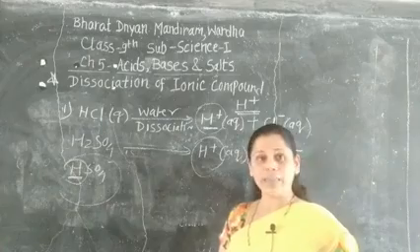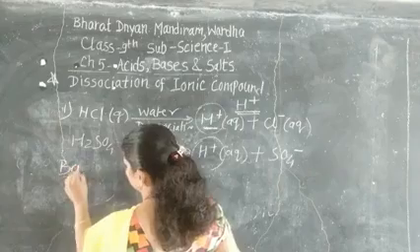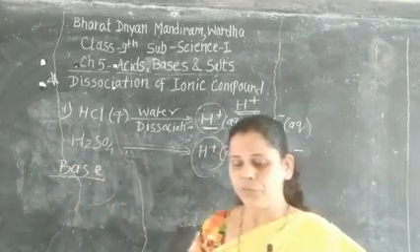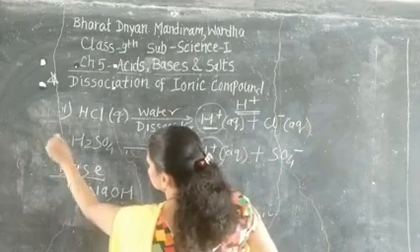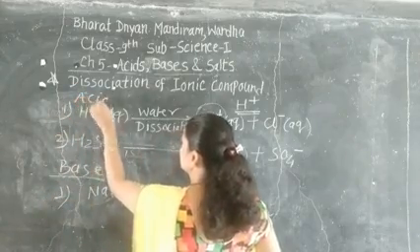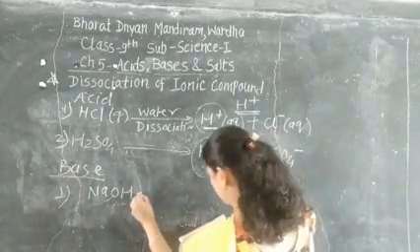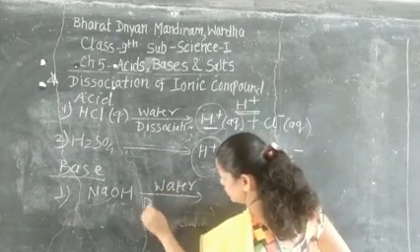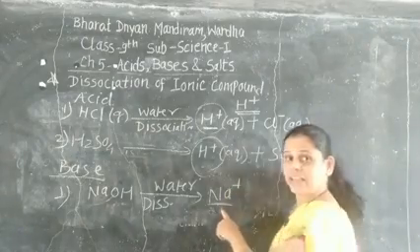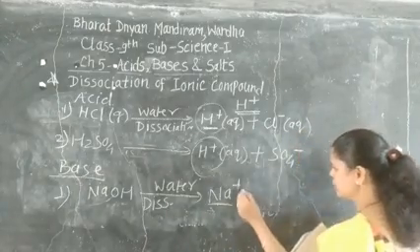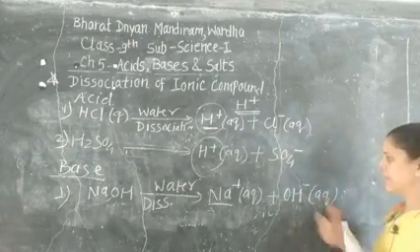Same as base. What is a base? According to Arrhenius, a base is a substance which on dissolving in water, let's take one example, NaOH, gives rise after dissociation to Na+ ion, that is cation, in the form of aqueous solution, plus OH- ion, that is anion.